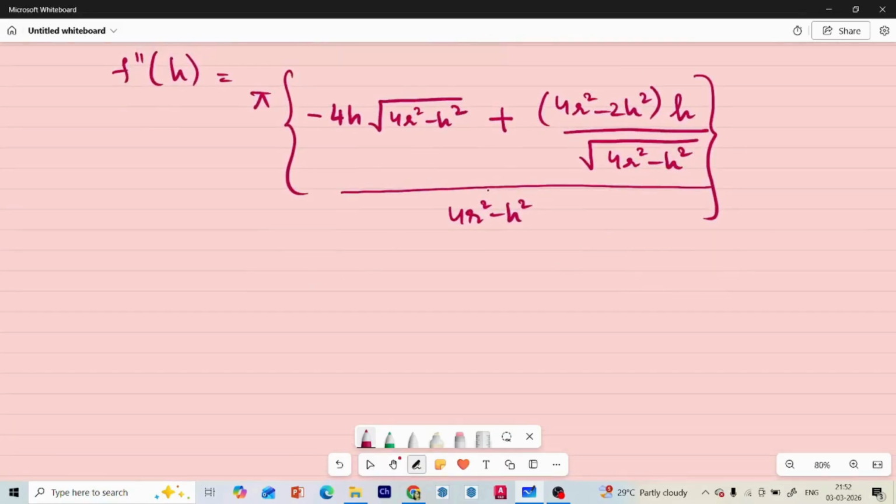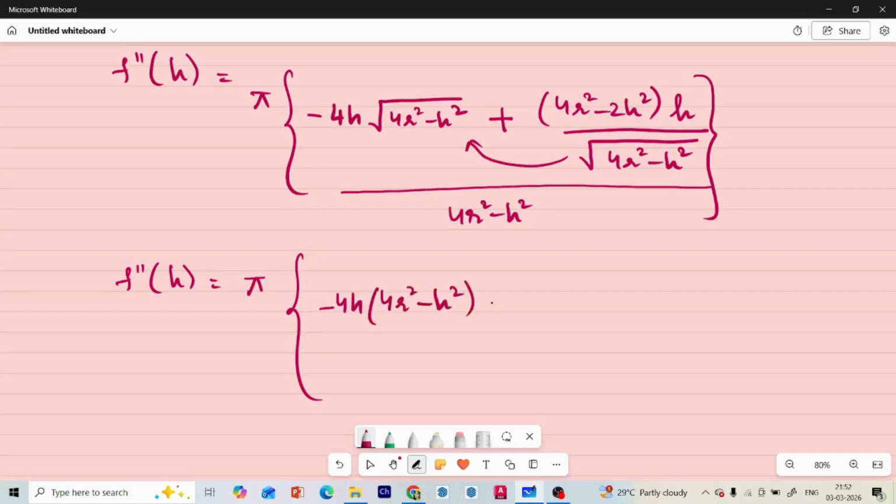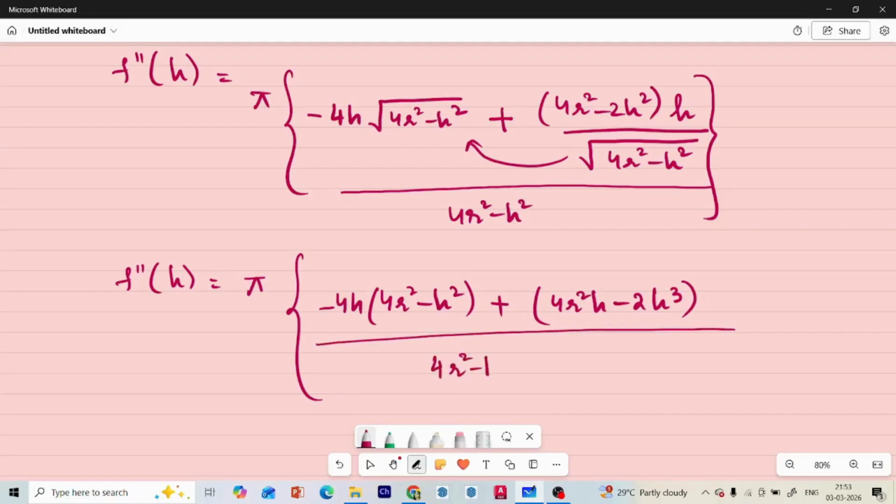Okay, now let us take the LCM in numerator. So f double dash h is equal to pi into minus 4h into 4r square minus h square plus, multiplying the bracket inside, 4r square h minus 2h cube, okay, whole divided by 4r square minus h square into root over 4r square minus h square.